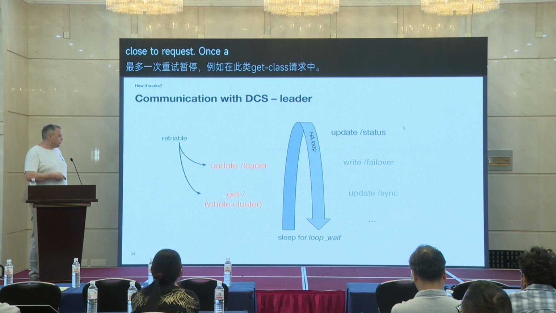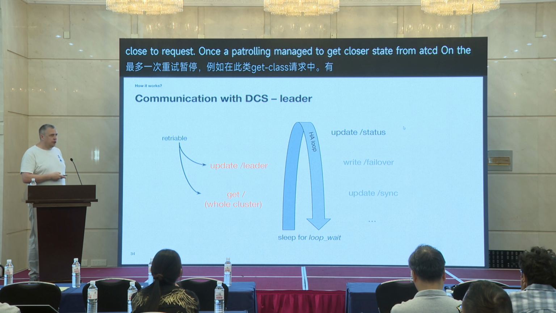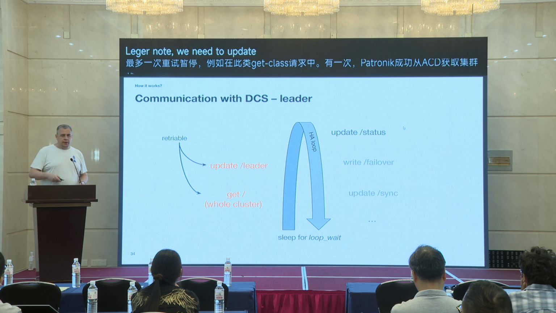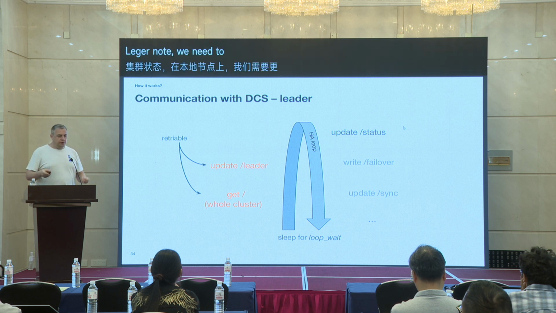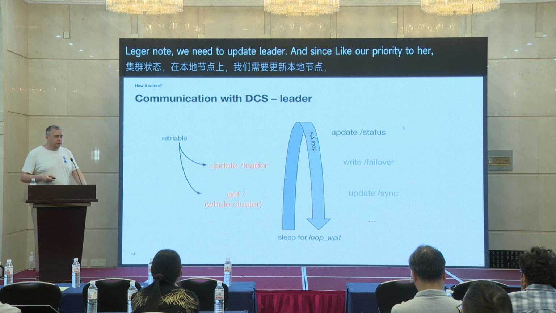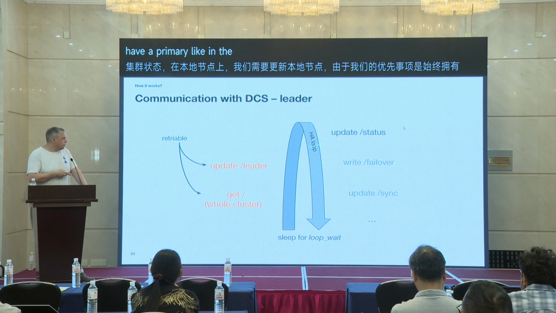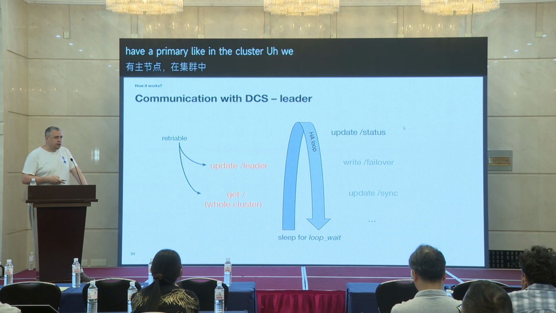Once Patroni managed to get the cluster state from etcd, on the leader node we need to update the leader. And since our priority is to always have a primary in the cluster, we also retry such update leader requests.